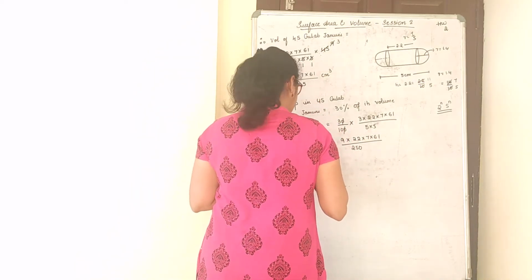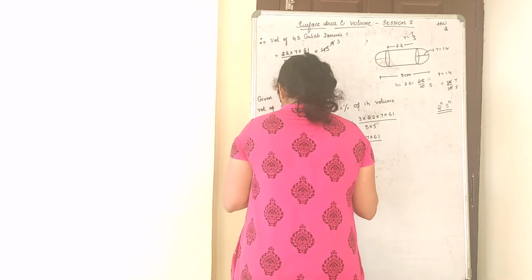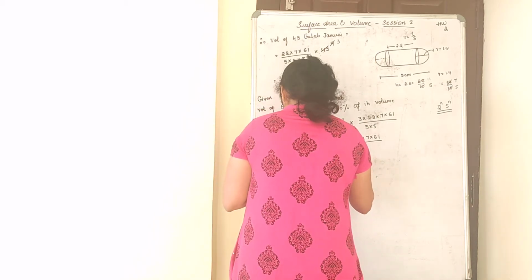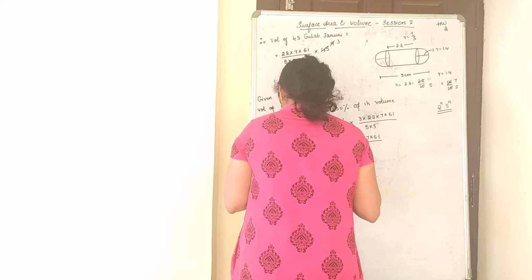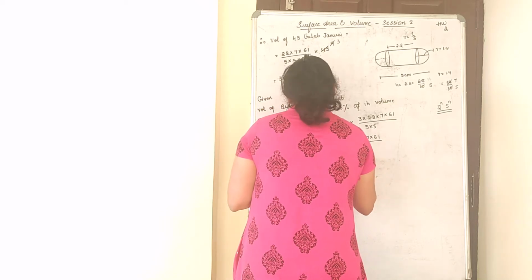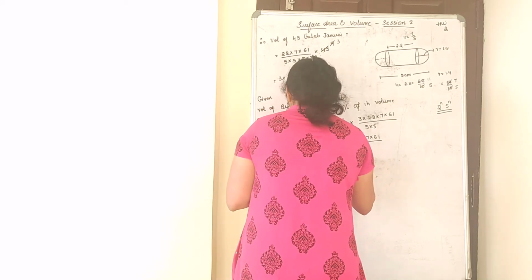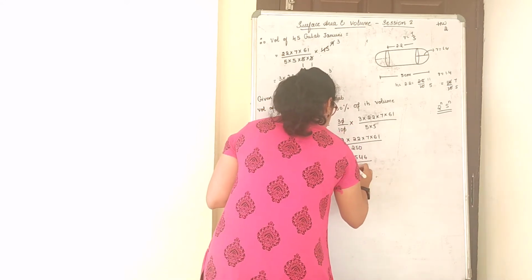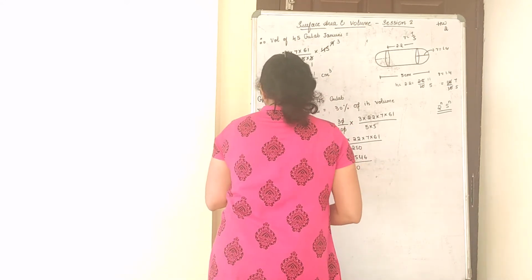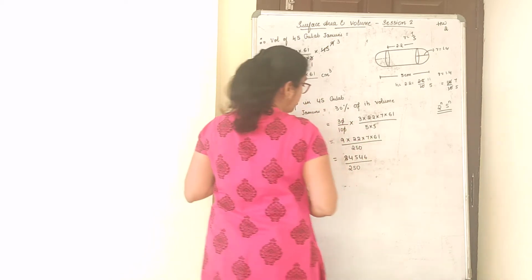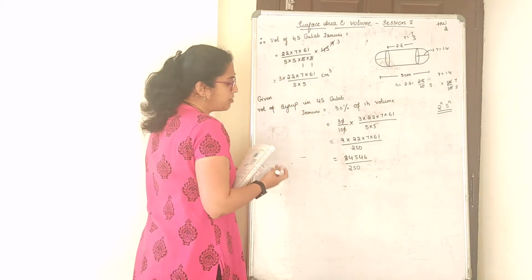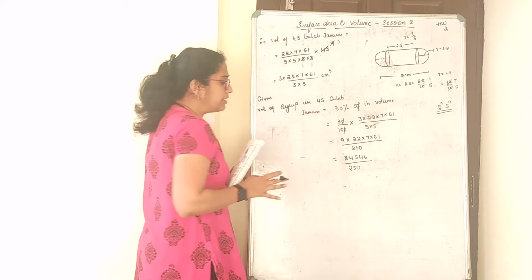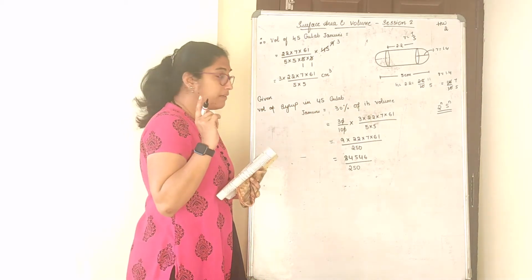So when you multiply the numerator totally, you are going to get the answer as 84546 divided by 250. Now what usually comes to your mind is here, do the calculations with respect to 2 and find, but we will not do.